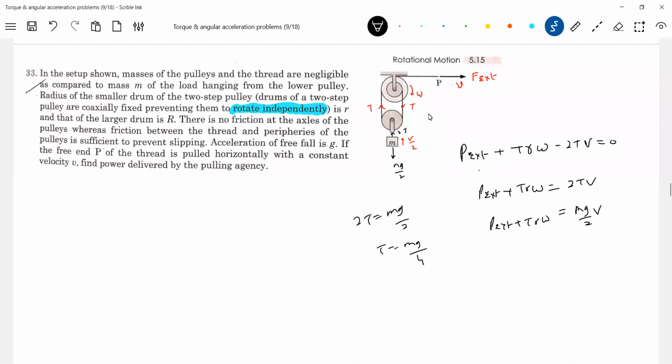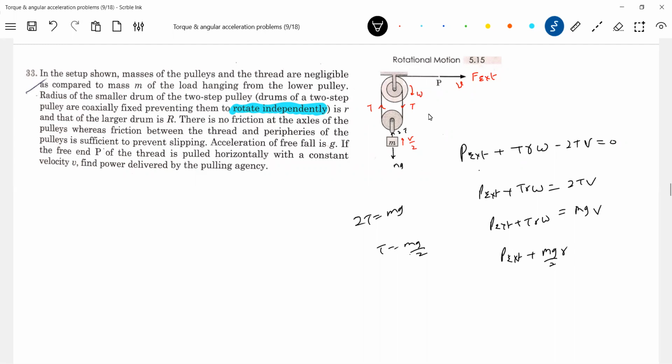Try to make observation. Sir, oh, sorry. It's only 2T. Yeah, no. What should be the T? 2T should be equal to mg. T is mg by 2, I'll write it. So external power is equal to mg by 2 into r. Now what should be the omega?